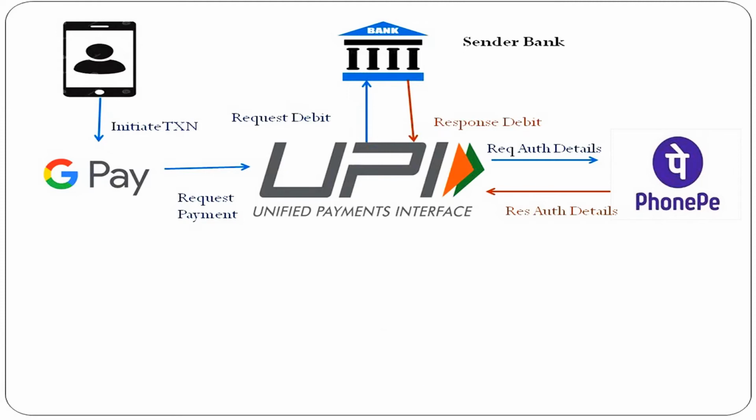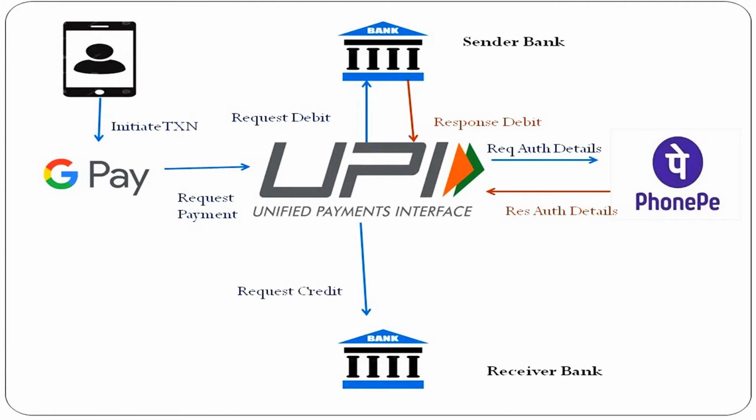Then UPI connects to the receiver bank, the bank of the person who is receiving. It will send a credit request to the receiver bank to credit this amount to the person receiving it. Once the receiver bank credits the amount, it sends a response: the credit has happened.